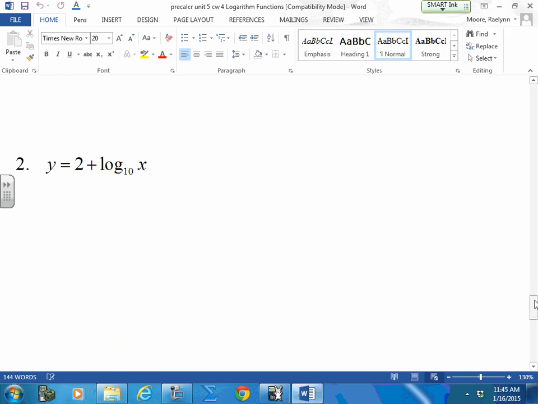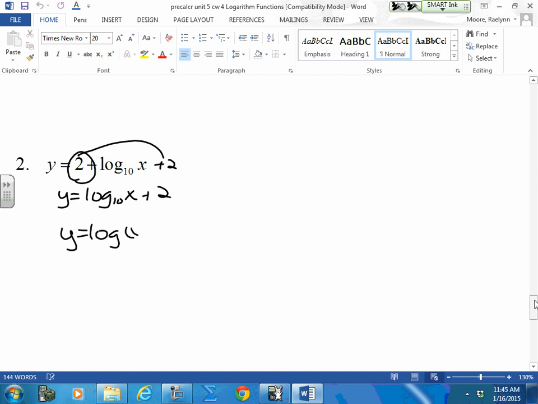Now, just like when we did your exponentials, it's probably easier if you take this 2 and bring it out over here. It's probably easier to put it where you're used to looking at it. So your parent graph is your basic log. So we graph your parent graph.